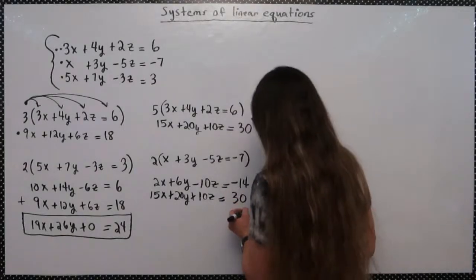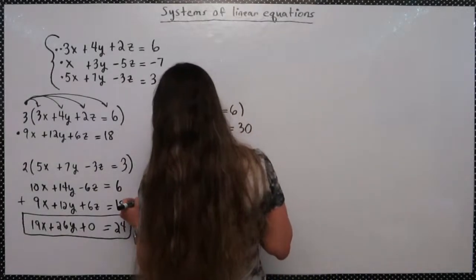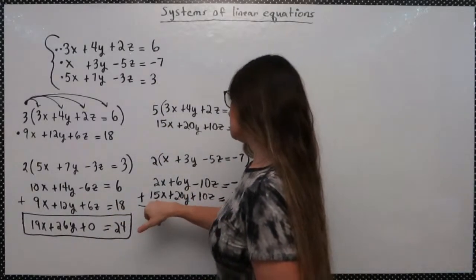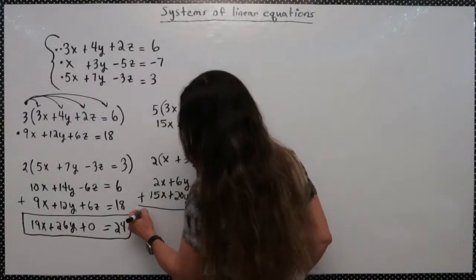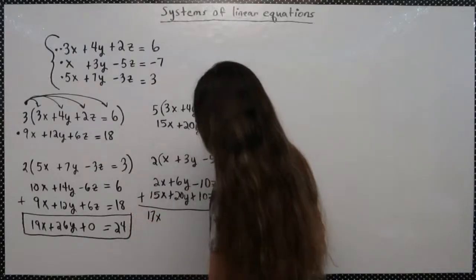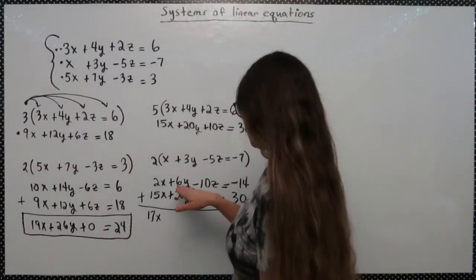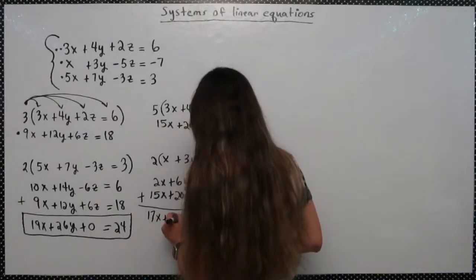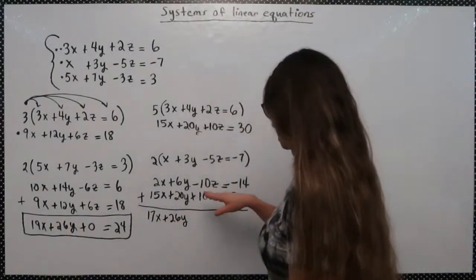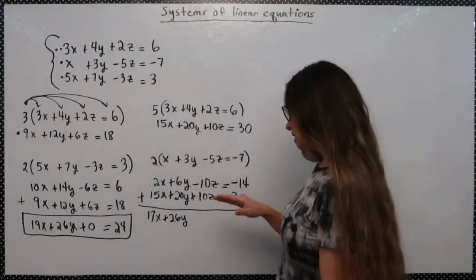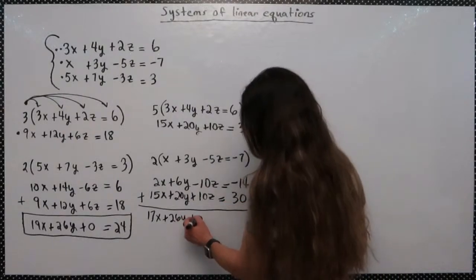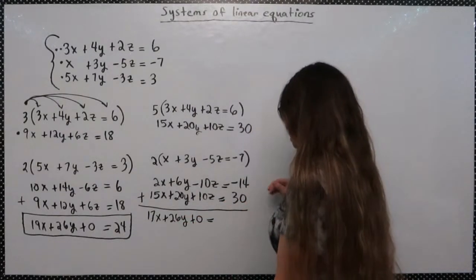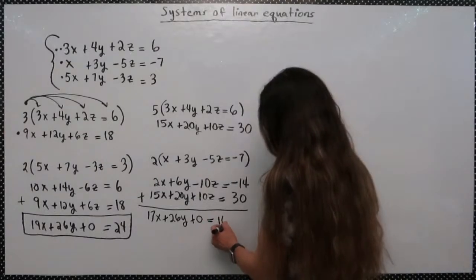Now I'm just adding these equations, and 15 plus 2 is 17, and that's x. 20 plus 6 is 26, and that's y. And then 10 minus 10 is 0, so we'll just put that 0 in for now. And then 30 minus 14 is 16.